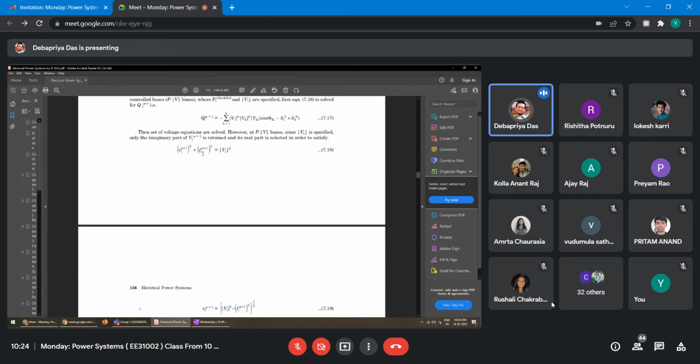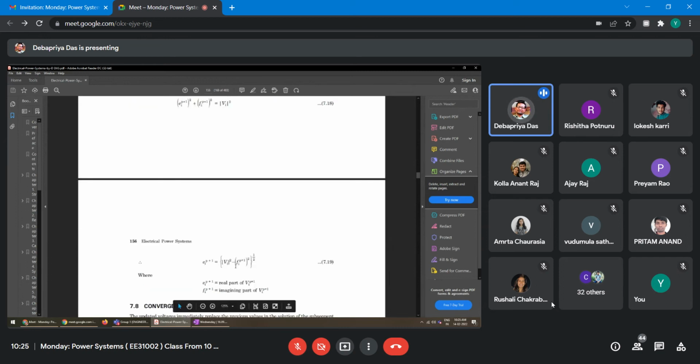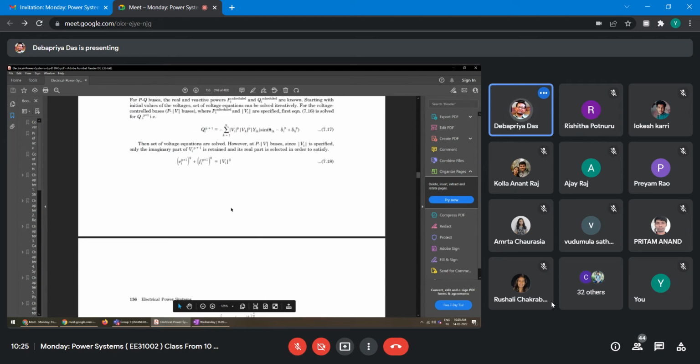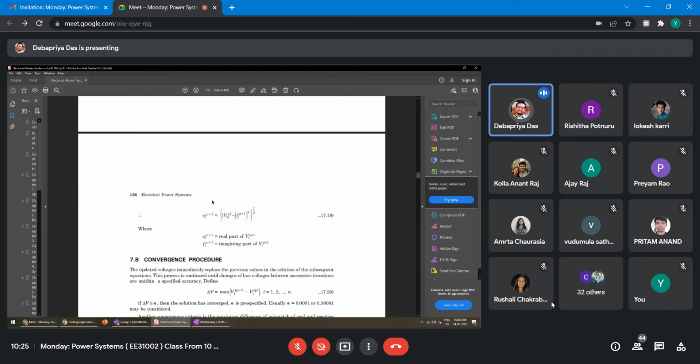We retain the imaginary part, whatever you have got from the iterative process, and compute the other one. Therefore Ei(p+1) is equal to the square root of Vi square minus Fi square. Whatever compensating value comes from iteration, we do not take; we try to maintain the specified magnitude. Therefore Ei is the real part of Vi(p+1) and Fi(p+1) is the imaginary part of Vi(p+1). When I take one example, it will make everything clear.